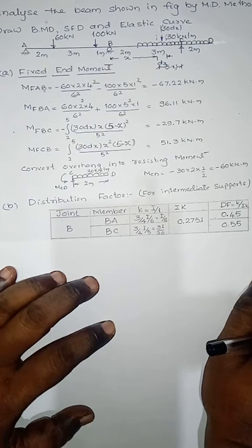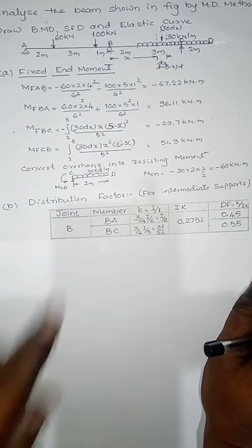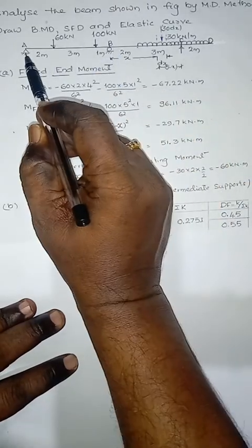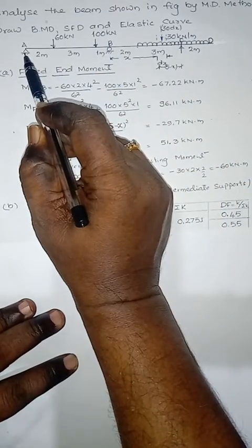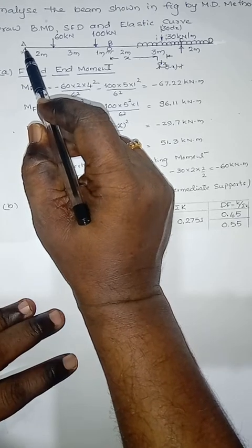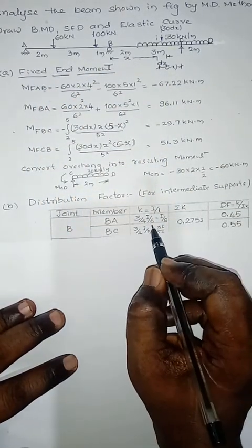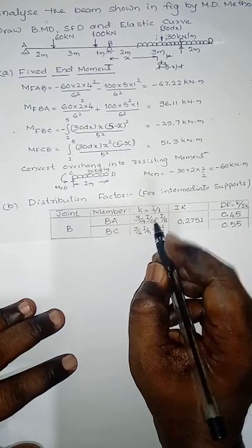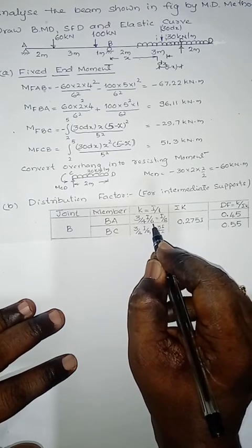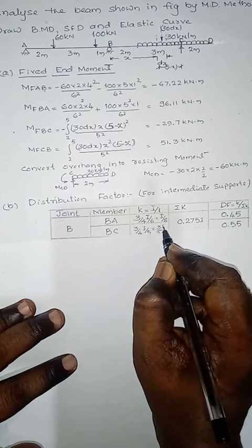For joint B, the members are BA and BC. The length of BA is 6 meter. With respect to B, A is neither continuous nor fixed, hence we have to reduce K, that is 3/4 of I by L, that is 3/4 of I by 6, that is I by 8.